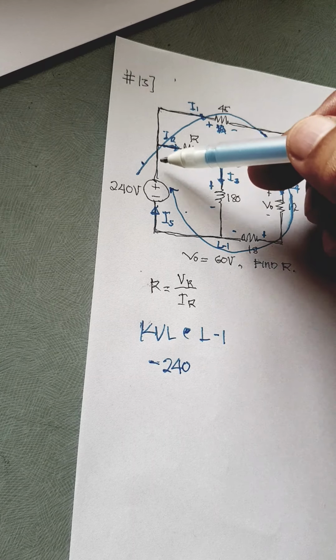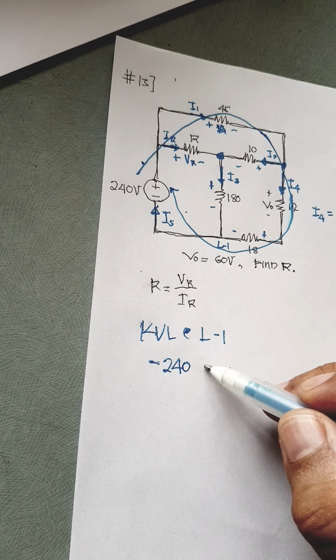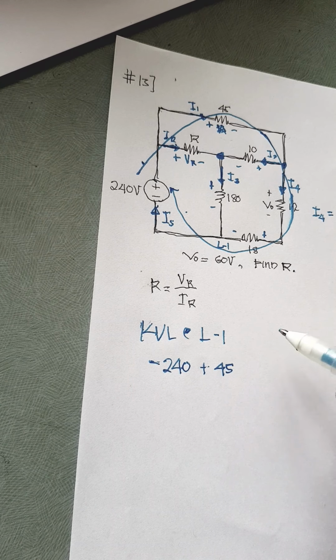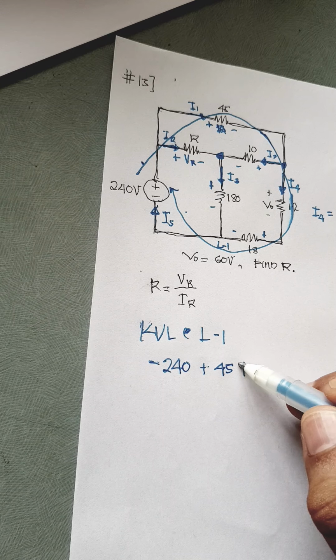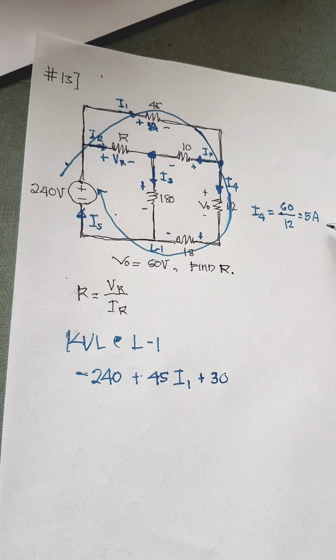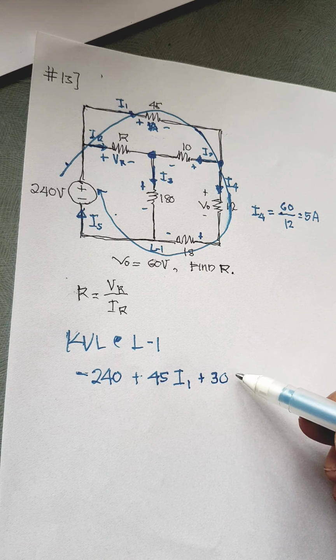And then going here, plus the voltage across 45, which is 45 times its current, I1. And then going in this direction, plus what is 12 and 18, since only one current flows through them. So let us just combine 12 and 18 as 30. And what is their current? The current we have already calculated as 5.